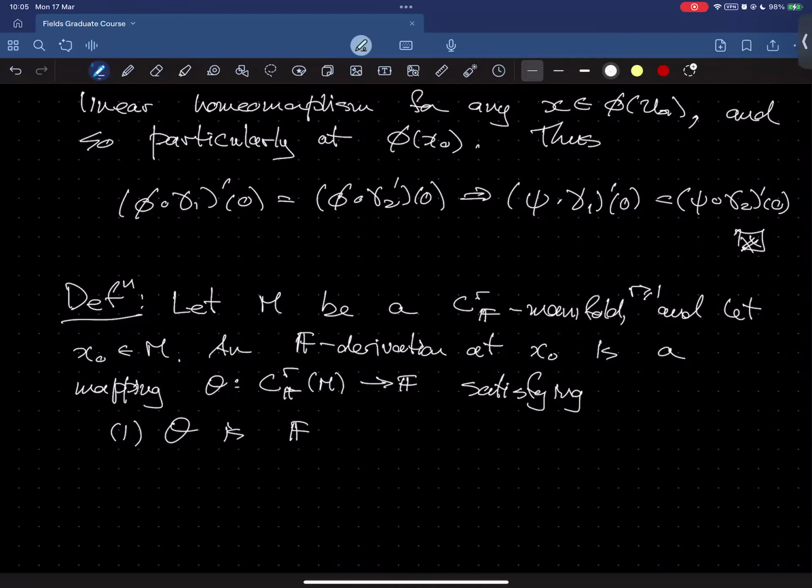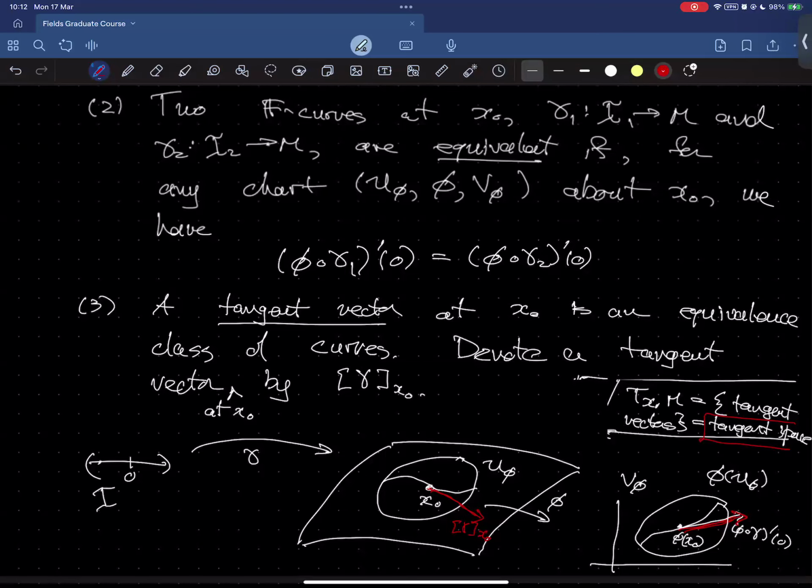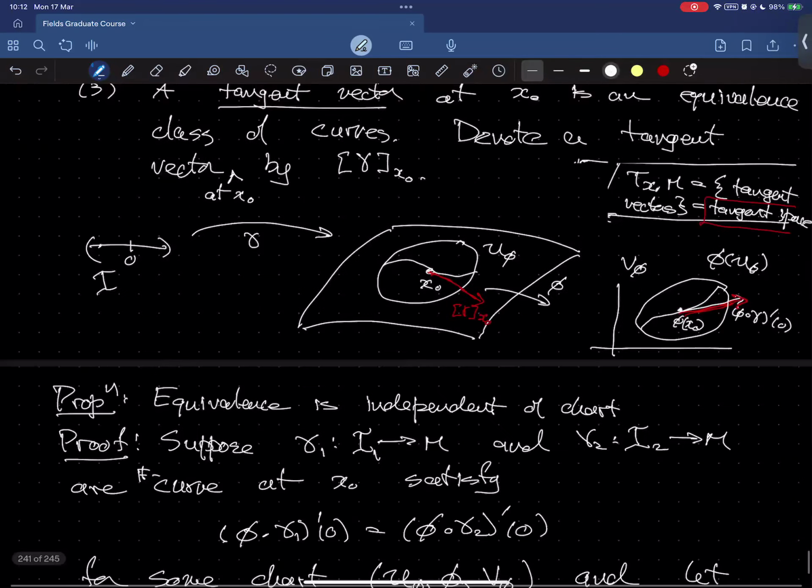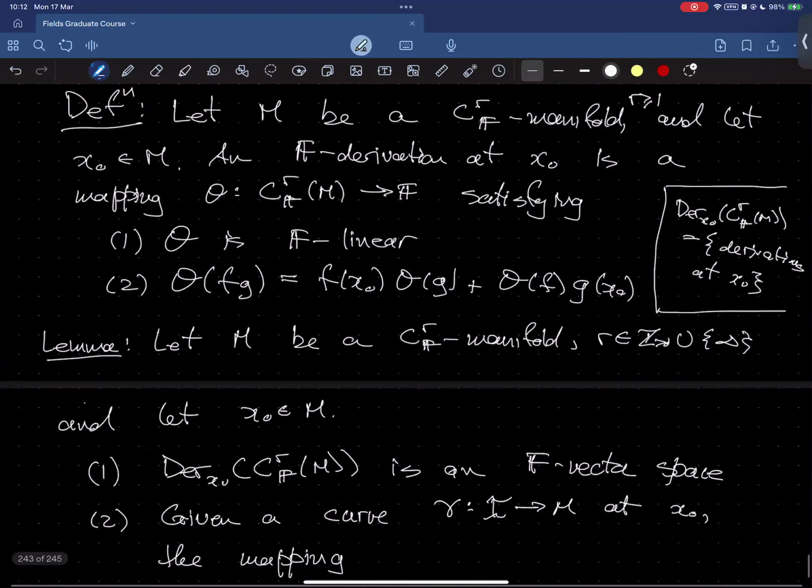It's just the set of all tangent vectors at x naught, and it's the structure of the set of all tangent vectors at x naught that we're trying to understand here, via this set of derivations at x naught.